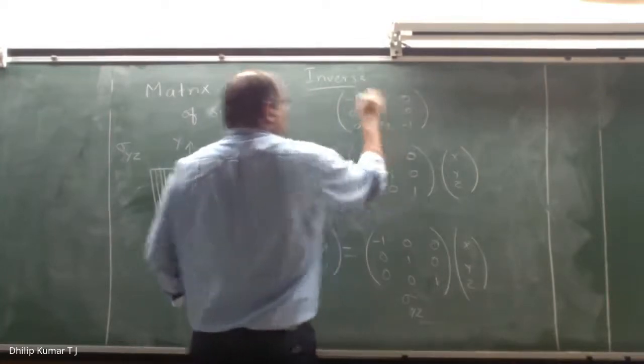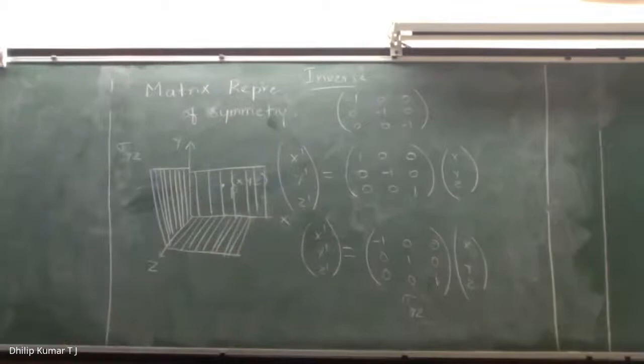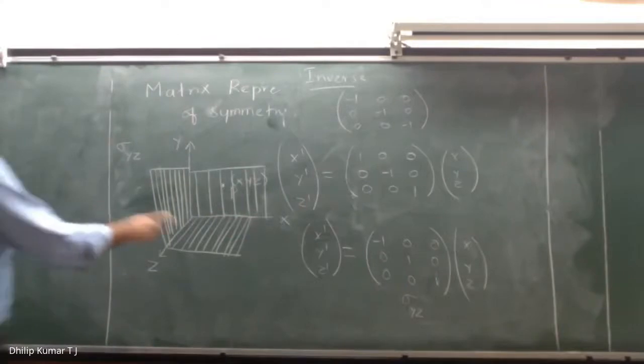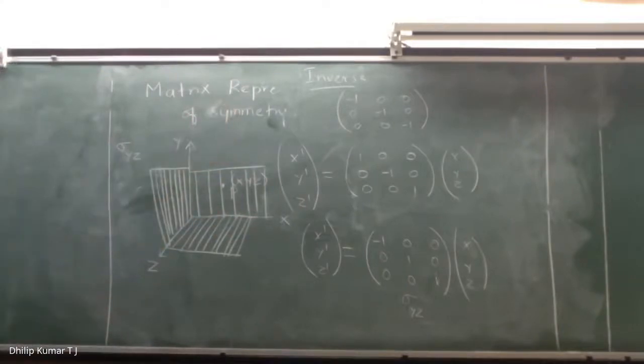So it will be like this. All the positions will be the other way: z will become minus z, x will become minus x, y will become minus y. That's why the diagonal elements are all negative.